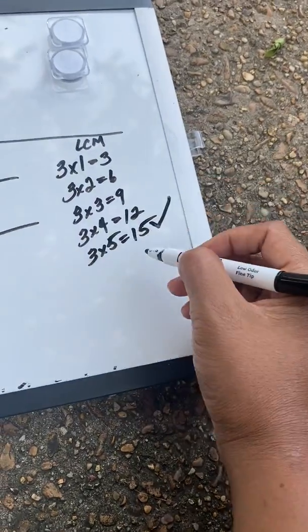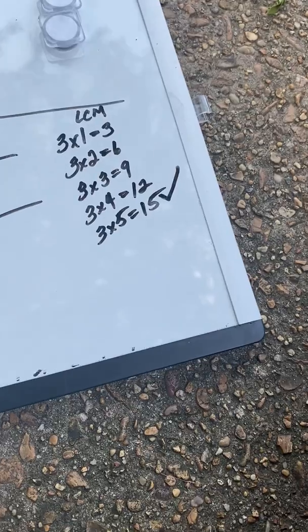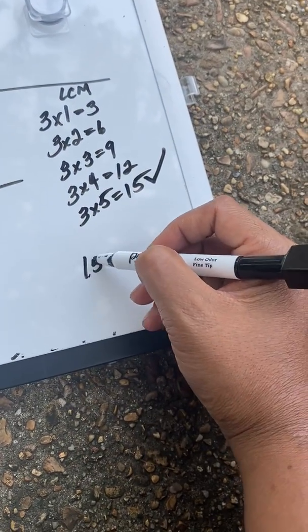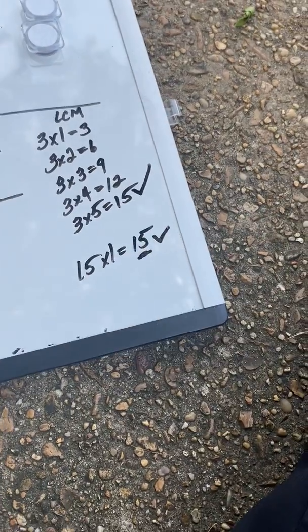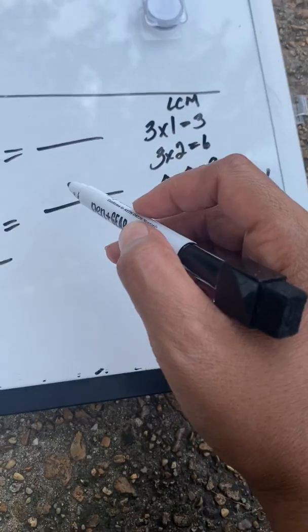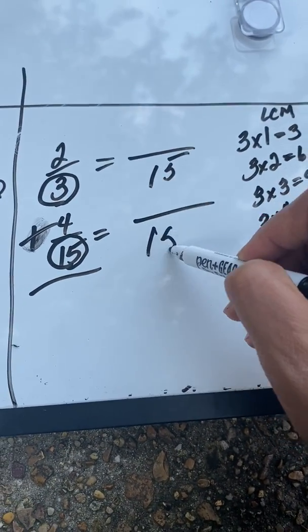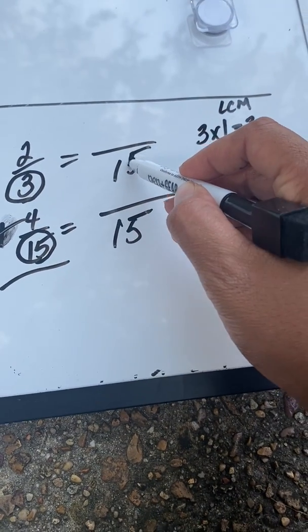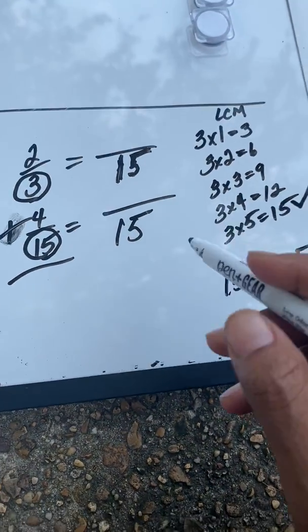I need 15 under both of these lines. And 15 times 1 is 15, that's exactly what I need too. So 15 goes here and it goes here. Now that I have my like denominators, I'm ready to solve.